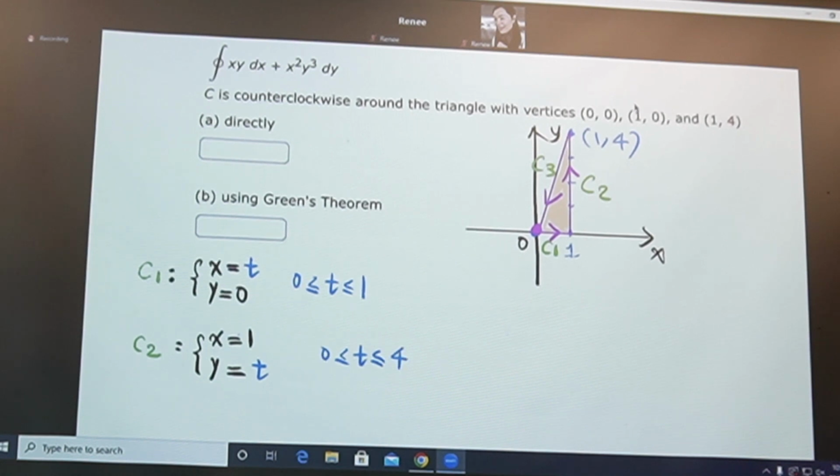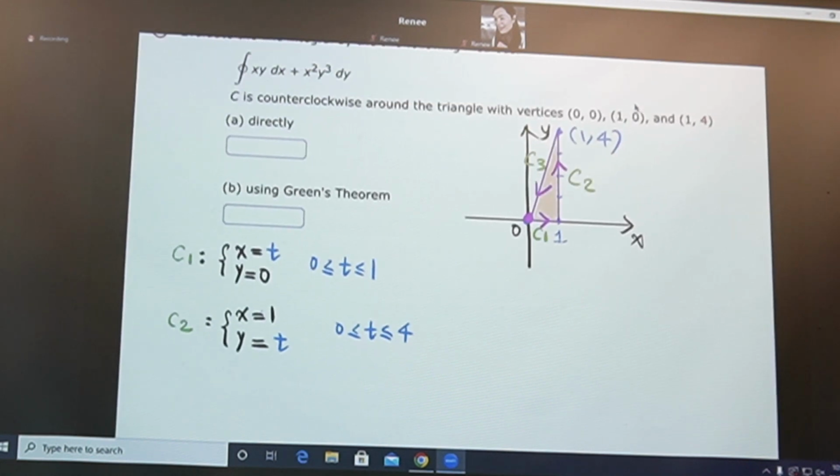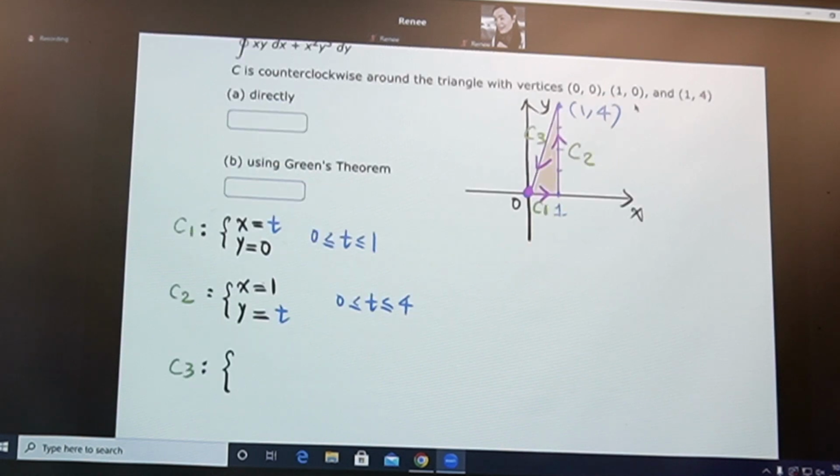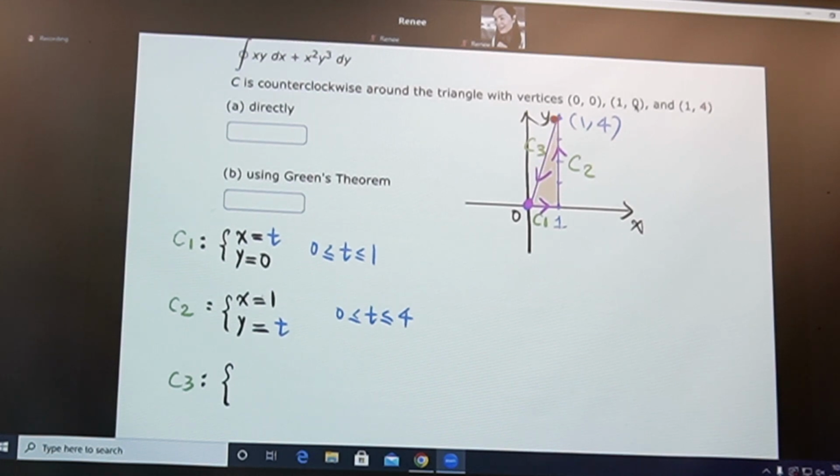Okay, and C3, that one. How do we parameterize this? It goes from here to here. You started here and ended here. Do you guys remember, last time we said to parameterize a line segment, it will equal to what? (1 minus t) times r0 plus t times r1, right?